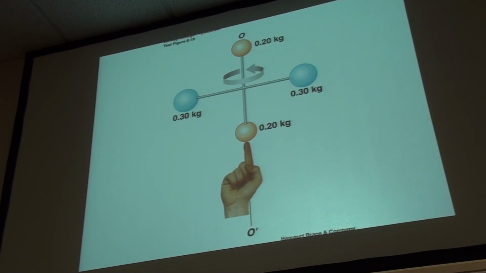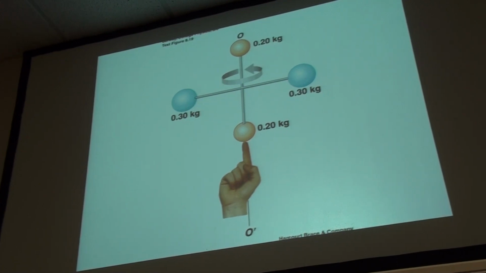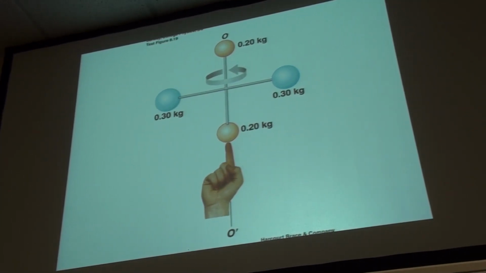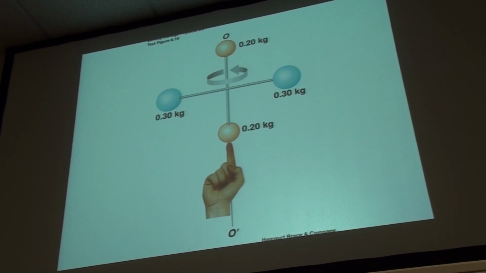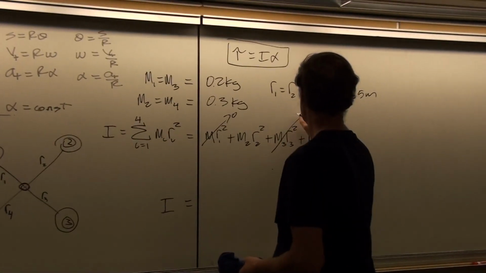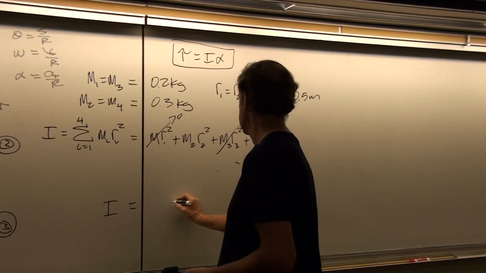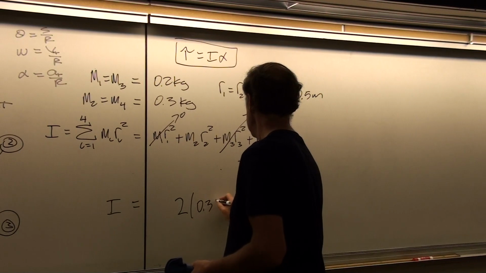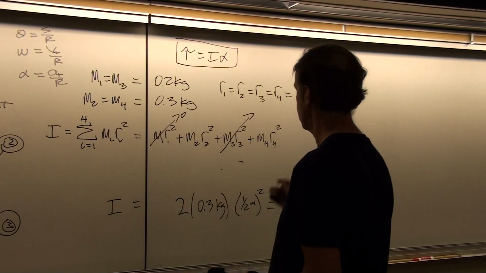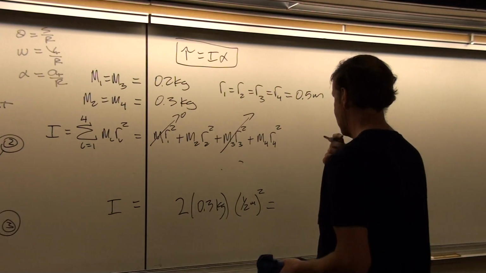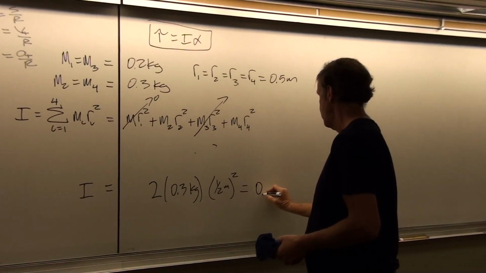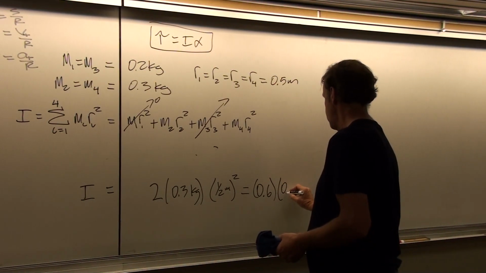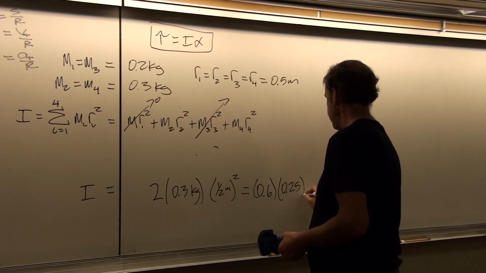Okay? And so in that situation then, the radii for M1 and M3 would be 0. And so we would just get 2 times 0.3 kilograms times 1/2 squared. And so that would be 0.6 times 0.25.